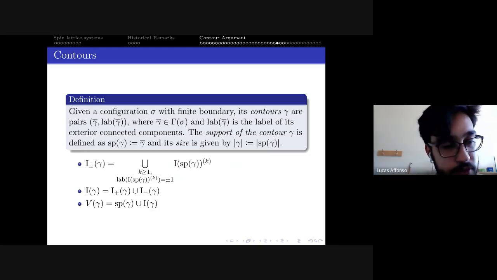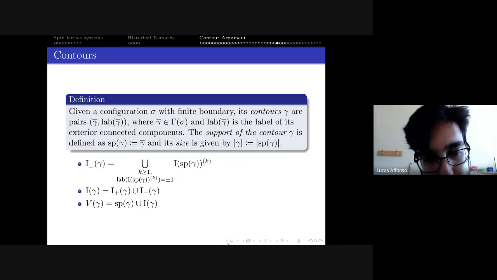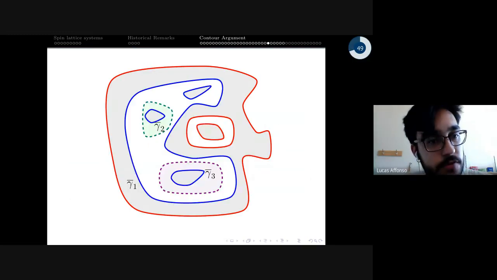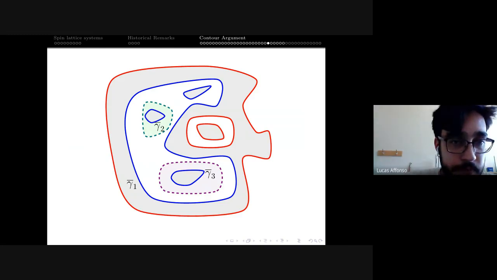regions here. We need to define the volume, as you saw before. We have a plus interior, a minus interior, the interior of the contour. That is the region between colors. So I think I can go back and explain this to you. In this case, the interior of gamma 1 is the interior negative is the region between the blue regions.